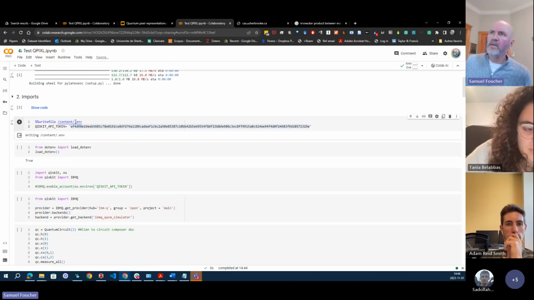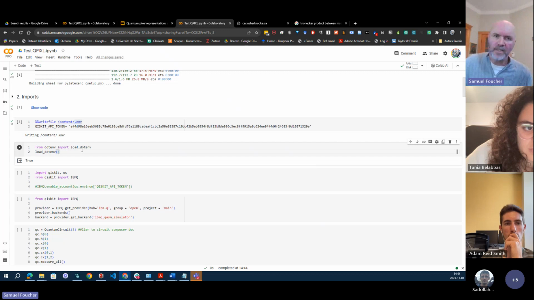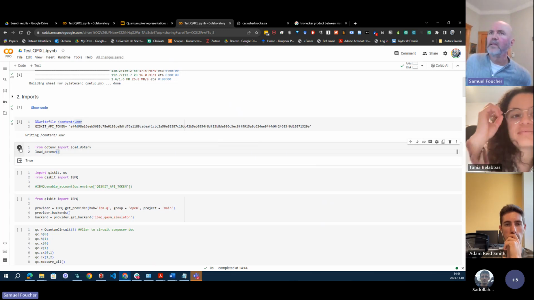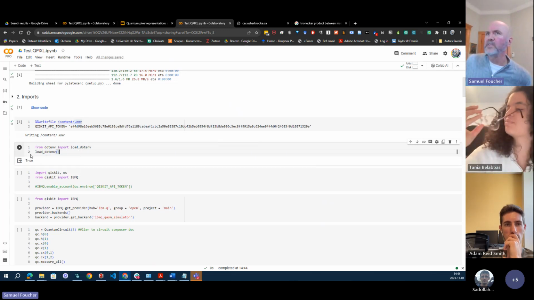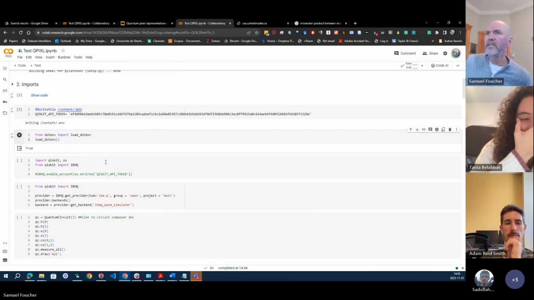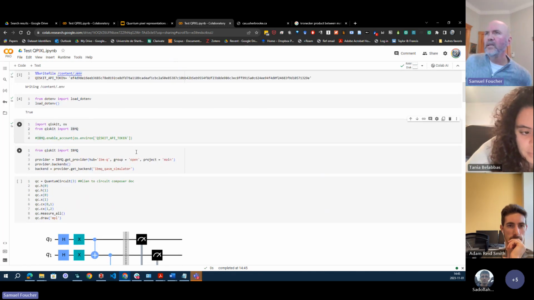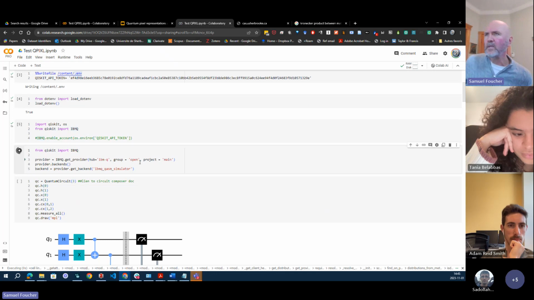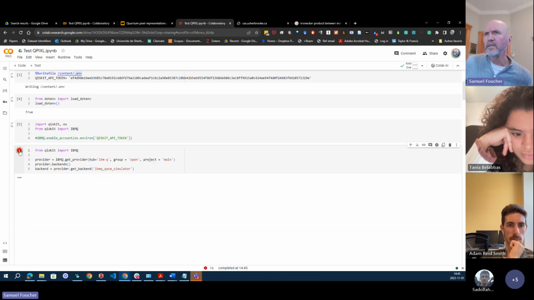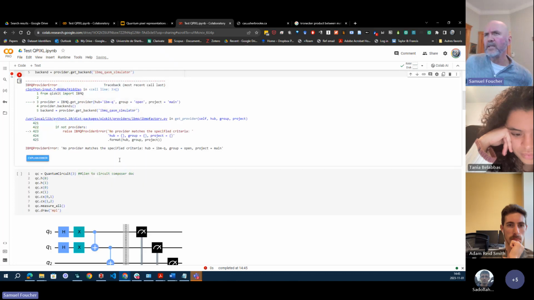The good way to do it is to have an environment file that you load afterwards, instead of putting it in a cell. But I didn't follow my own example. So here I'm loading the environment and connecting to Qiskit. Here is a choice of the backends, which is typical of Qiskit. I think I'm getting an error here, but it doesn't matter at this point.